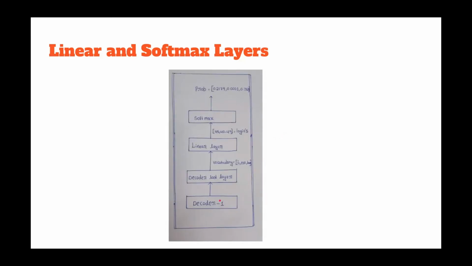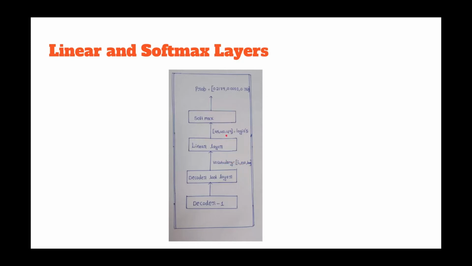Let's say this is the last decoder layer. From that you will get the output. The linear layer, taking that as an input, will give us the logits, whose size will be equal to the vocabulary. Let's say we have a vocabulary of 3 words: I, est, and born.